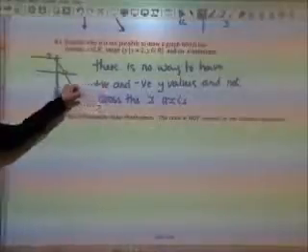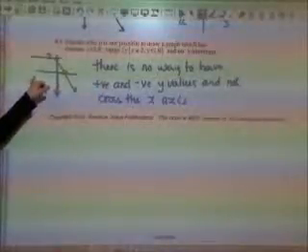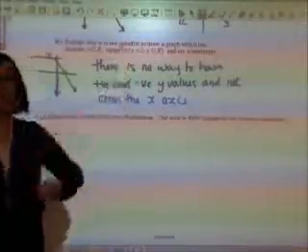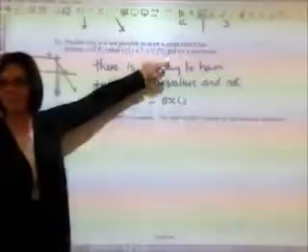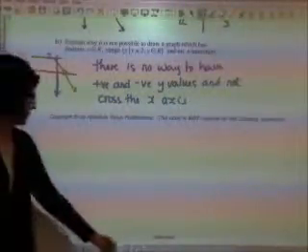Because in this, x could be anything and y is equal to 0. That's where it crosses the x-axis. And I can never be on this line, which means that y would never be equal to 0, which violates this condition. If y is a real number, it has to be able to be equal to 0.